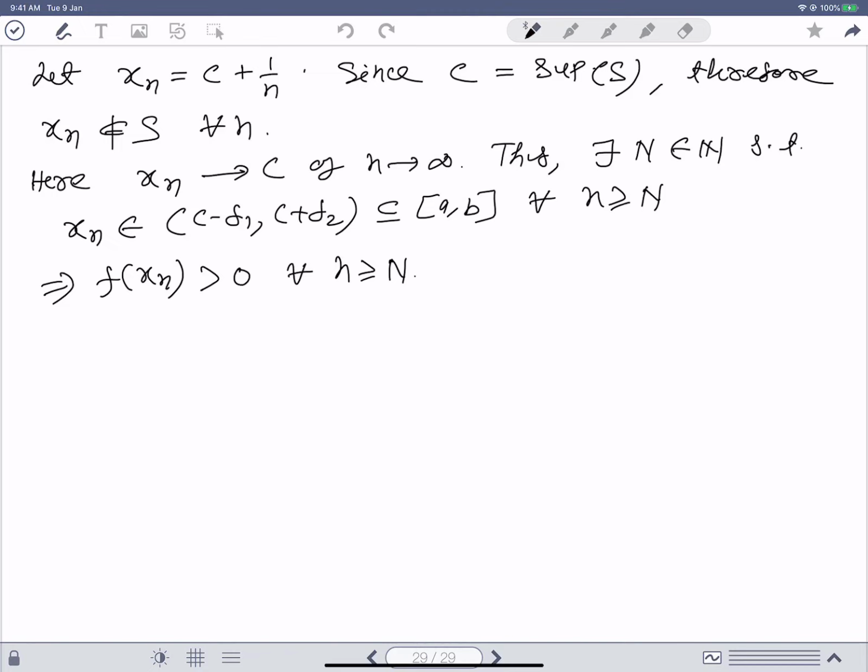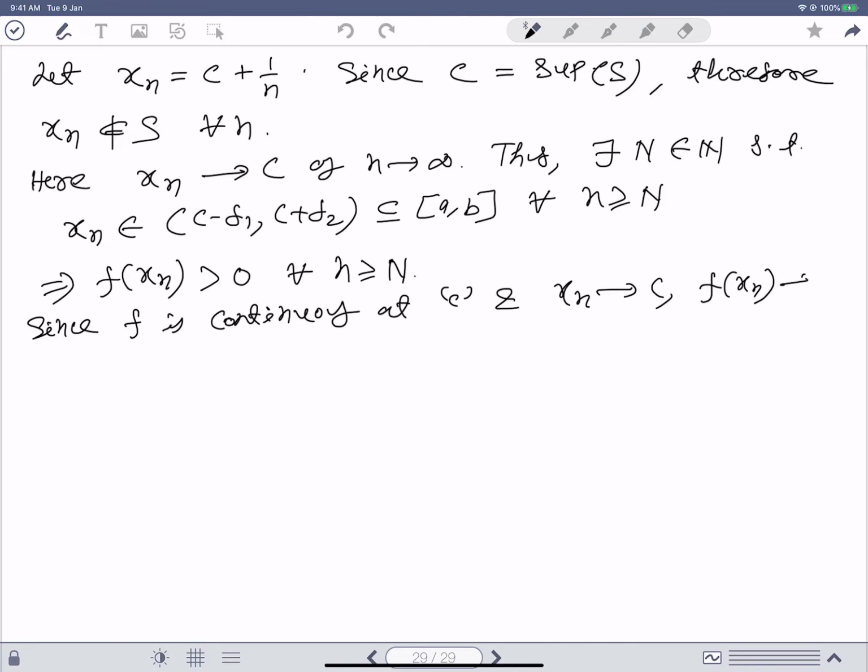Now that implies f of xn is strictly bigger than 0 for all n bigger or equal to N. Okay? Now note that the point C belongs to the closed interval AB, and it is given that f is continuous on the closed interval AB. Therefore, f is continuous at the point C. So, since f is continuous at the point C and xn converges to C, therefore we have f of xn converges to f of C, right?